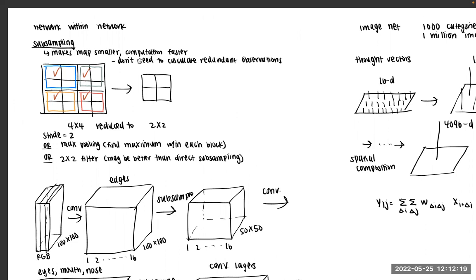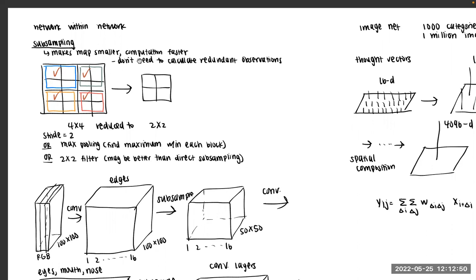The reason is that the adjacent or nearby y vectors are computed from overlapping 3x3 windows, so that may be too redundant. If you keep them, the computation may be too excessive, and it may also cause some overfitting. Therefore, we want to perform subsampling after convolution.